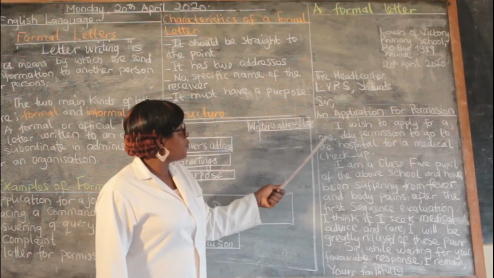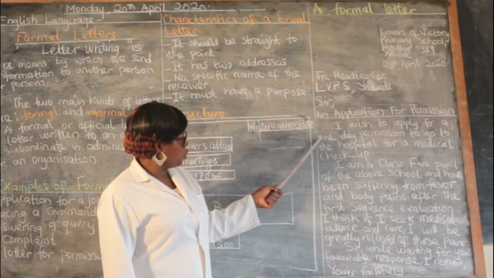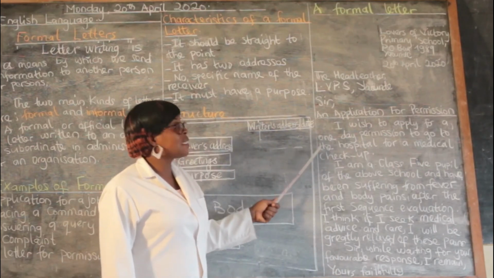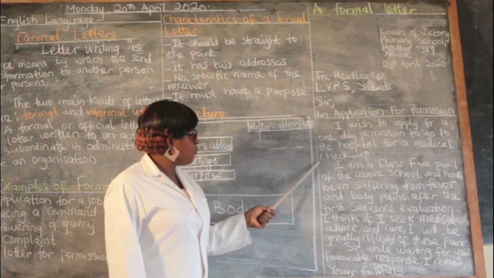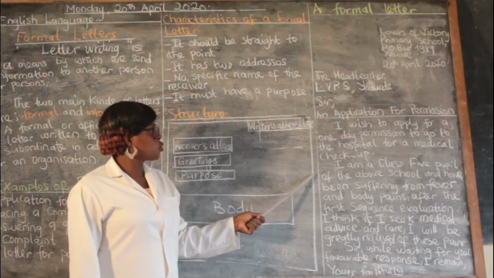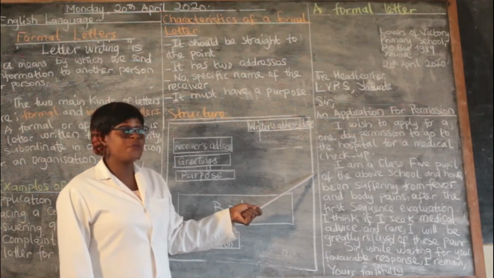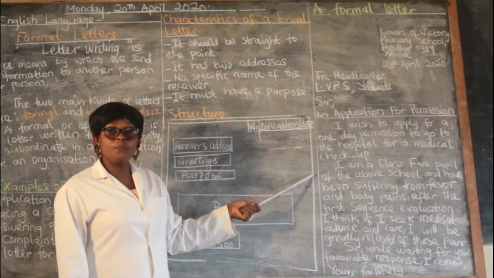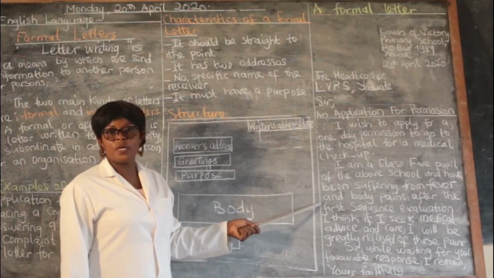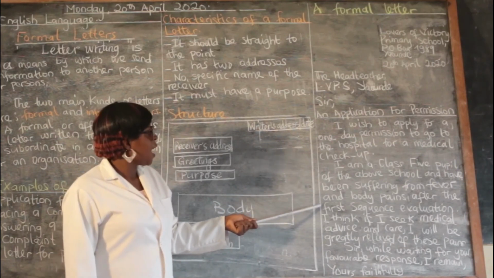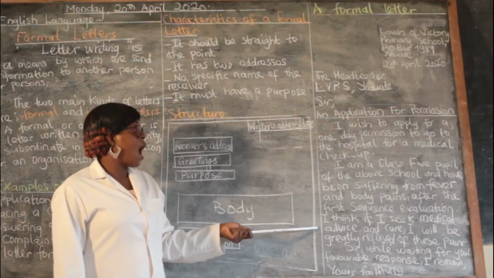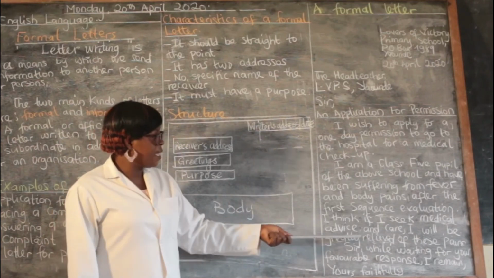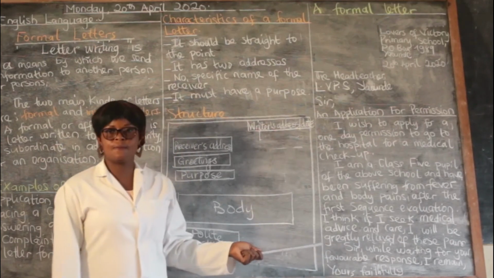I wish to apply for a one-day permission to go to the hospital for a medical checkup. I am a class 5 pupil of the above school and have been suffering from fever and body pains after the first sequence evaluation. I think if I seek medical advice and care, I will be greatly relieved of these pains.